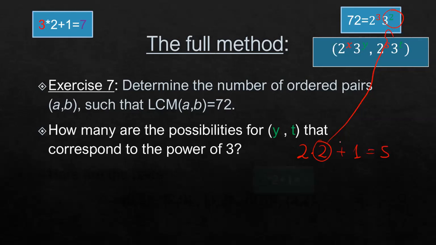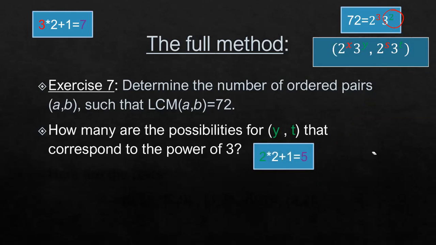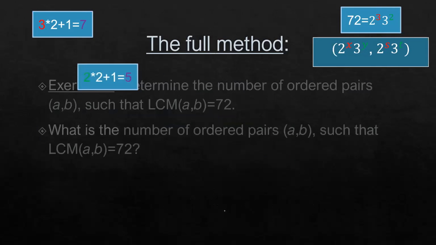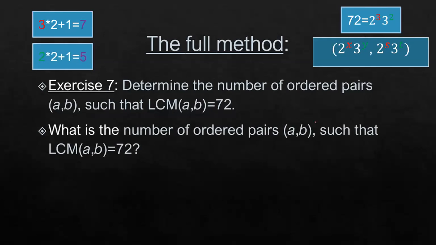Okay, very nice. So I have 7 cases for those exponents, x and s, and 5 cases for the other exponent. Those are the pairs. 12 in total? Careful. We're not interested in adding them, because we're going to find all of the ordered pairs that have simultaneously these cases and these cases.